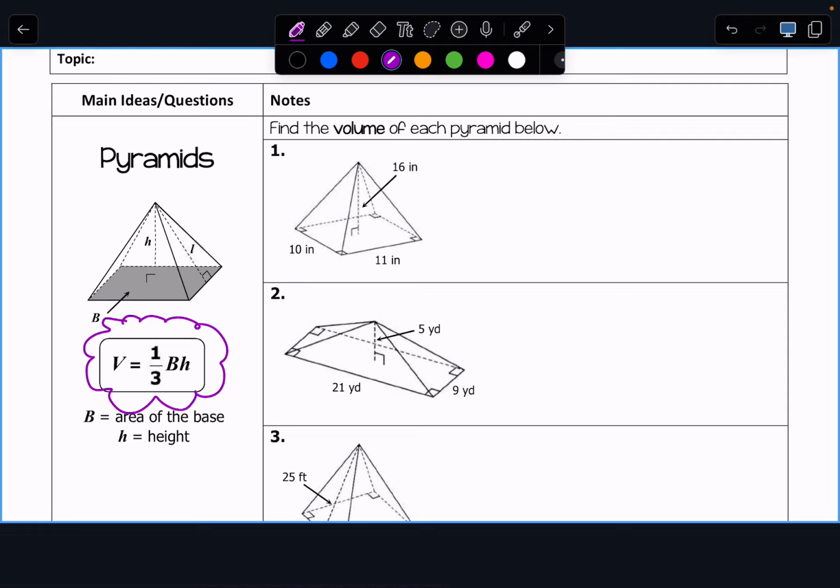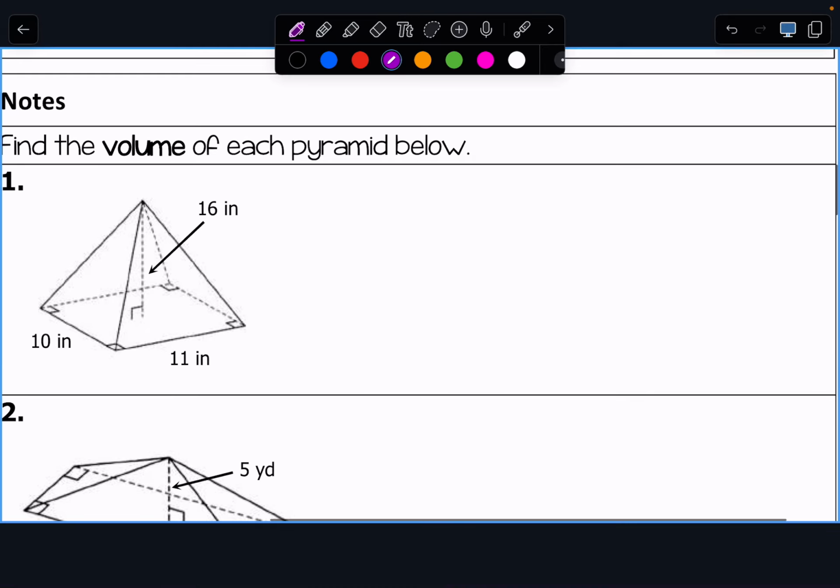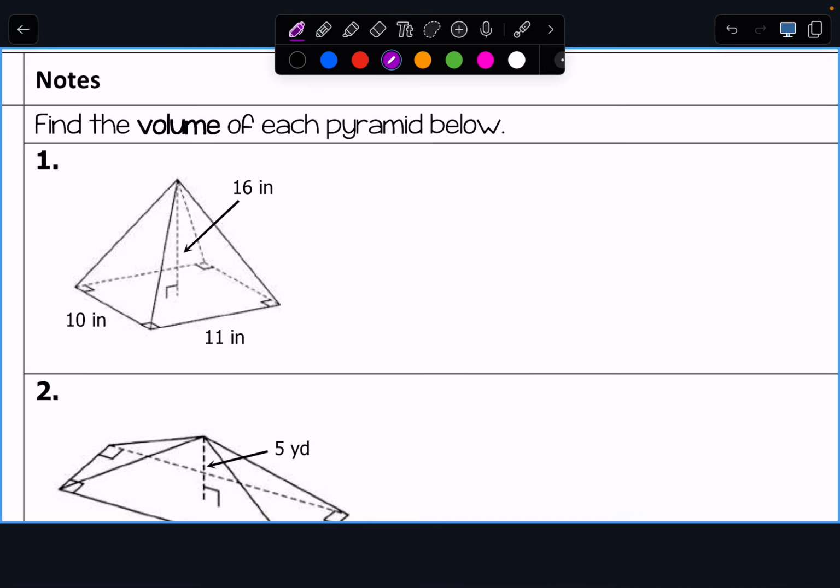Okay. So, in number 1, we have a pyramid. So, volume is 1/3 area of the base times the height. What shape is the base of our pyramid? Rectangle. It would be a rectangle.